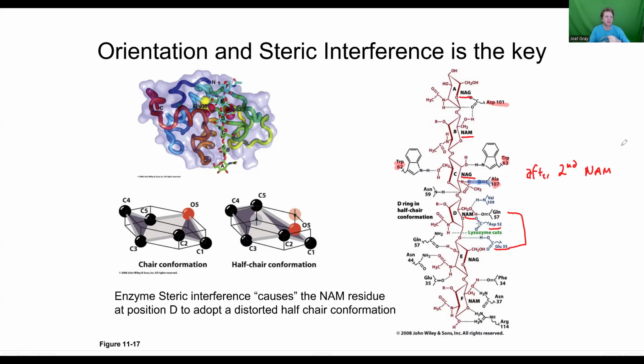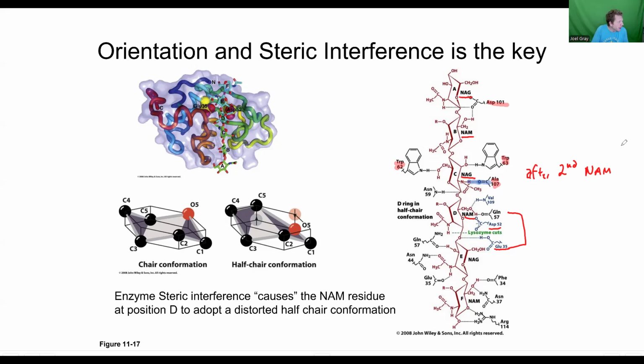In addition to that, this also reveals that there are parts of the protein within the substrate binding site, different residues, that are effectively holding that substrate in place. So they might not be there for the actual breaking of that glycosidic linkage.